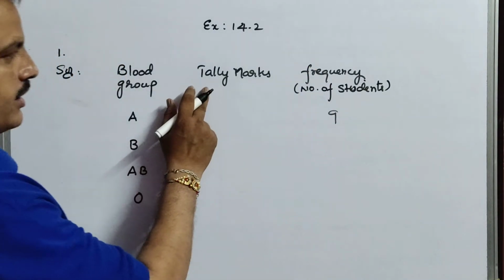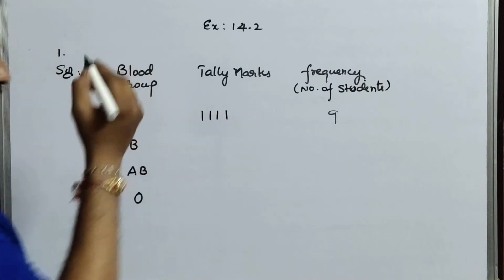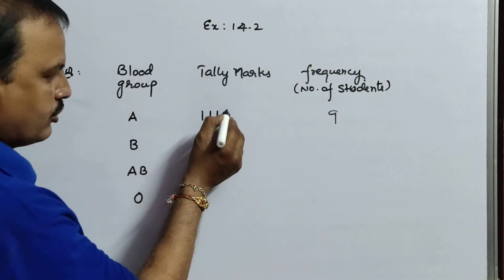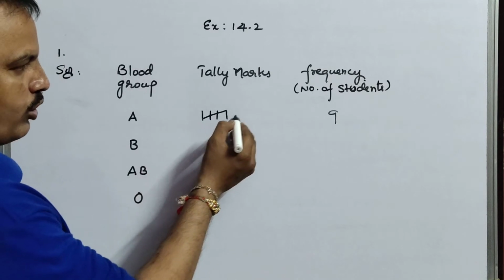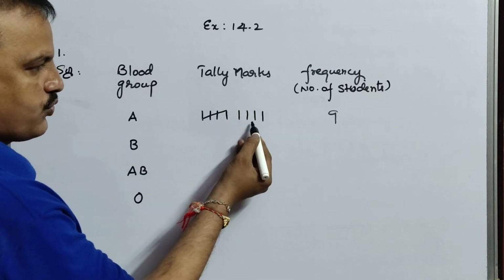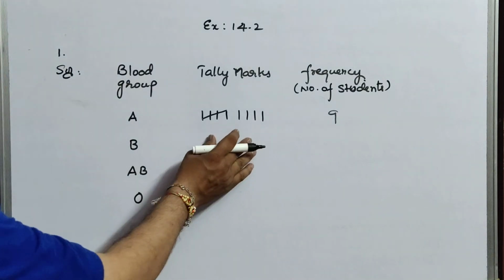But how do you write the tally marks for 9? 1, 2, 3, 4, and then the fifth one you strike across, like this, as you all know. That means 5 is over. Again 1, 2, 3, 4, so 5 plus 4 is 9. This is the way of writing tally marks.